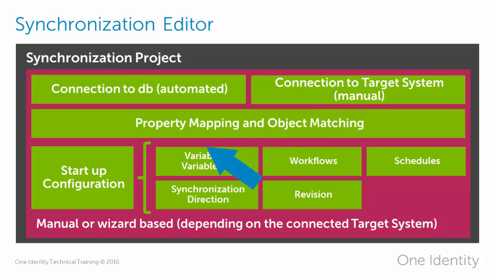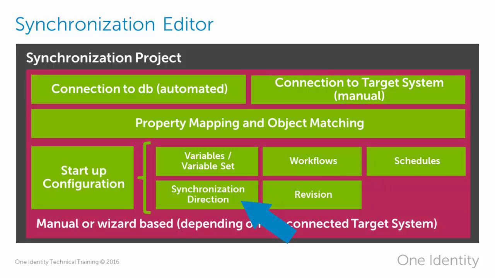The startup configuration contains the following parts: the variable set, which contains the variables with the information which target system with which account has to be accessed. The synchronization workflows that define, for each object class, if you like, filters and the synchronization direction.